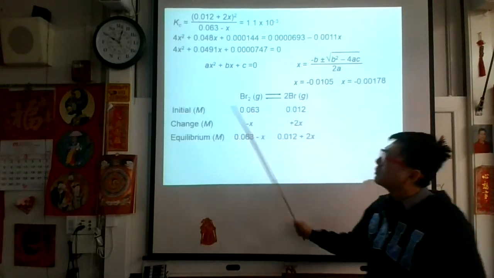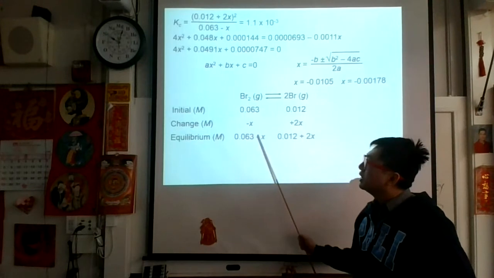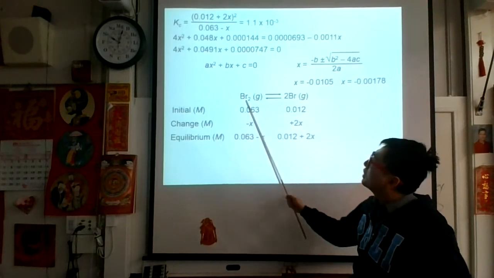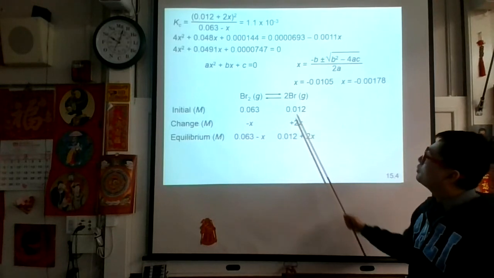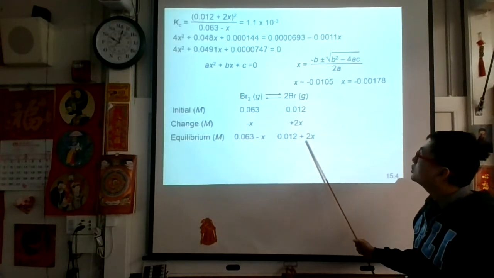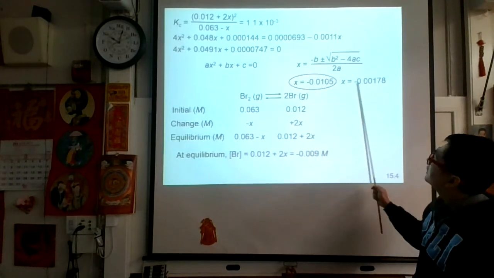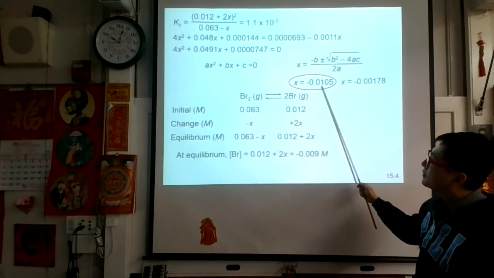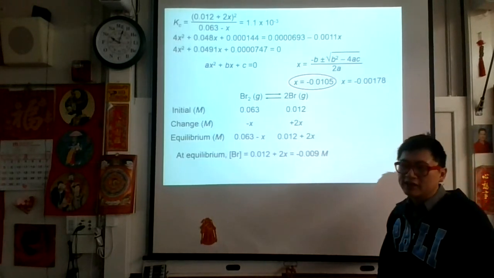Well, let me first copy that chart that I had on the last slide. In the initial change equilibrium, the equilibrium amount of Br2 is 0.063 minus x, and the equilibrium amount of Br is 0.012 plus 2x. If I plug in this value of x for Br, I'll get negative 0.009.